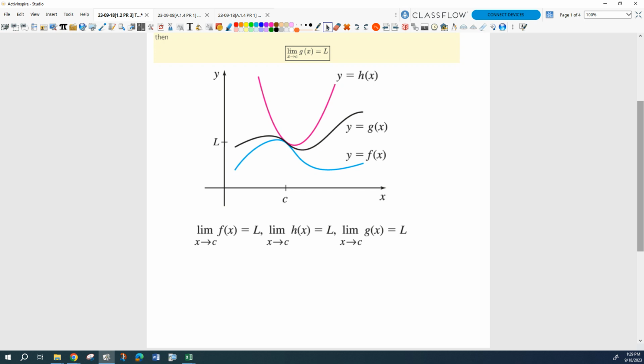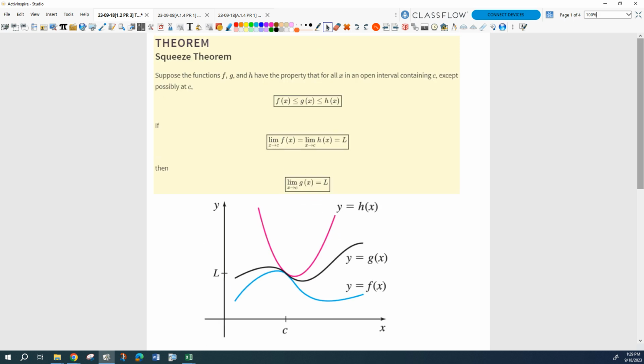There's a name for that. Magenta. That's it. The magenta h of x function. And if the limits of f of x and h of x converge on the value L, then g of x is squeezed to that same limit, isn't it? Okay, everybody see that?